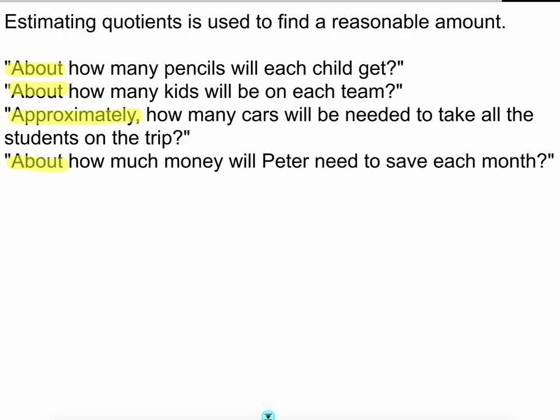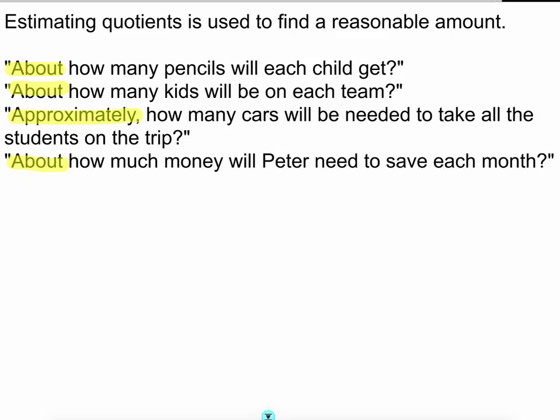A few things we need to go over is that the reason why we're estimating quotients is we use it to find a reasonable amount. So when you're out in the real world, instead of calculating exact, which you would need a calculator, we could do some estimating and do some mental math, so it makes it quicker.